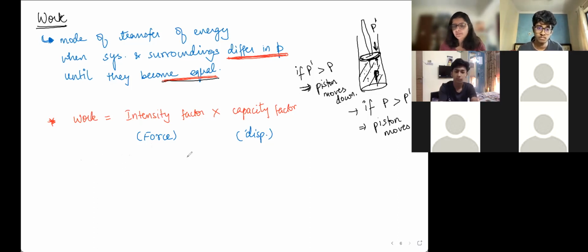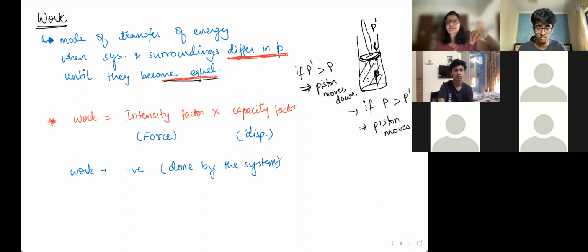Okay, so this is something we've discussed earlier. Work expressions are generally negative when work is done by the system. The reason is that when the system is doing work, it is spending energy to do that work, so it loses energy. If the system has done 30 joules worth of work, it needed to spend 30 joules of energy to do that work, in terms of pushing the piston or whatever it may be.